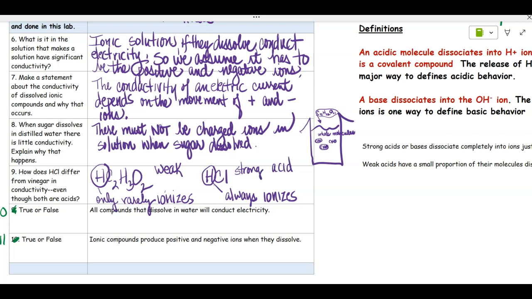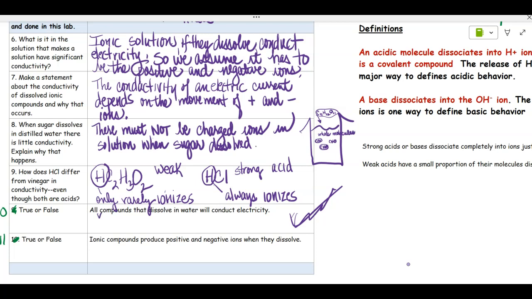True or false? All compounds that dissolve in water will conduct electricity. Yes. No. No. What's the fallacy there?